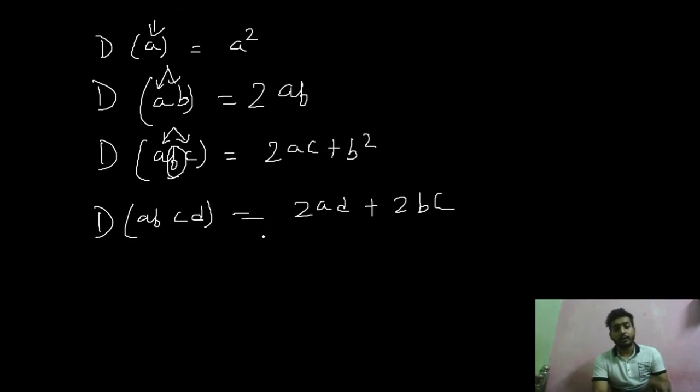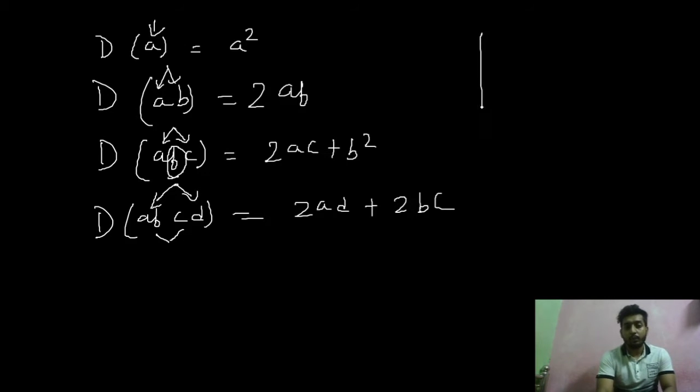And if it is a four digit number, then the duplex will be the product of the extremes multiplied by 2, plus the product of the middle two terms multiplied by 2. Again, this process goes on. This is the way to find the duplex of certain numbers.